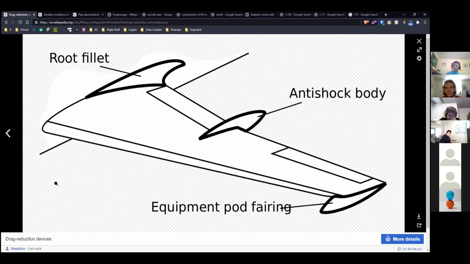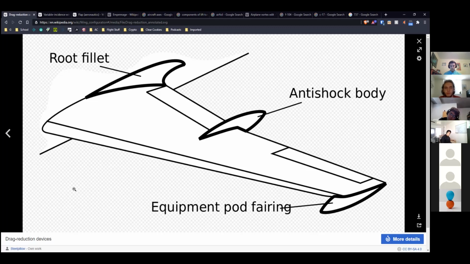So the more abruptly you deflect a streamline, the more energy gets transferred from the fluid to the object. And in case it's not clear what a streamline is, it's basically the path that a fluid particle follows as it moves past the object.